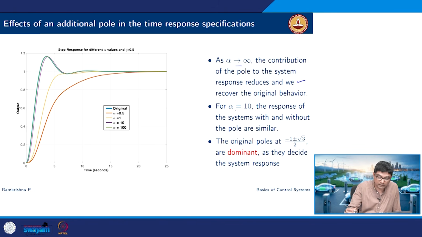Let's see what happens for alpha equal to 10. For alpha equal to 10, I just see that the response is slightly shifted to the right. And then if I take a value of alpha equal to 1, the overshoot disappears and so on. So we can expect different kinds of behavior for different values of poles.